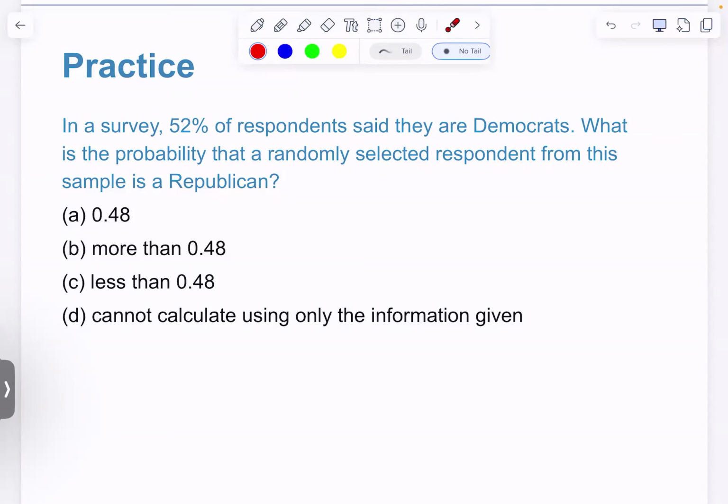And so you just have to be careful about all the possible outcomes. Yes, of course, we have these 2 prominent parties, Democrats and Republicans, but there are independents as well. So I just want to be careful. What's the probability that a randomly selected respondent from this sample is a Republican?